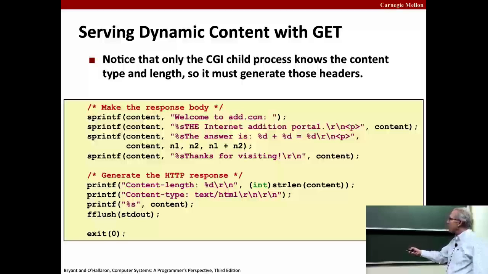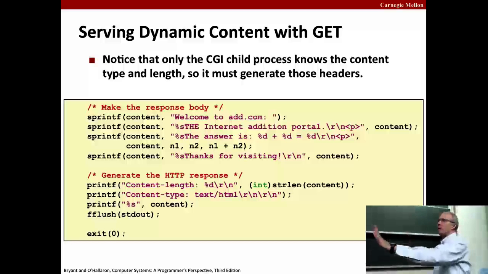And now it wants to send that content back. And you saw before that the server already filled in the top level stuff, but I have to tell what the type is and how many bytes it is. So I'll use strlen to figure out how many bytes I'm sending back, and the content type, and I'm printfing this, which, as you recall, I've remapped standard output now as talking directly to the client.